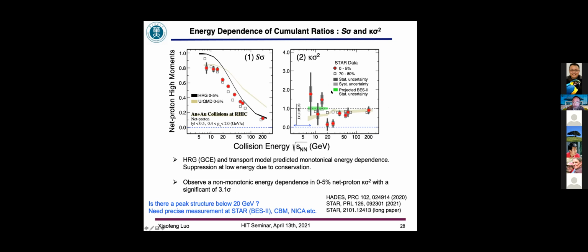And in BES-II, we will have 10 to 20 times more statistics that will shrink the uncertainty of this low energy region into this green band. Yeah, we see some hint of interesting behavior, but still we cannot make a strong conclusion of whether we observe a critical signature or not.